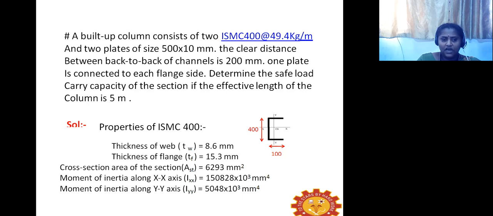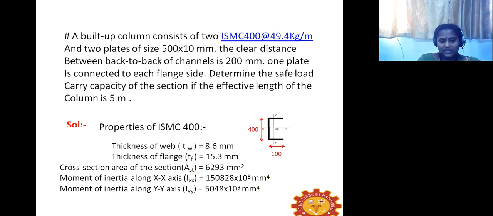That is the first. And the second important factor here is the moment of inertia. What is moment of inertia? It is also a property, and we will be determining the moment of inertia about both the axes, that is Ixx and Iyy.